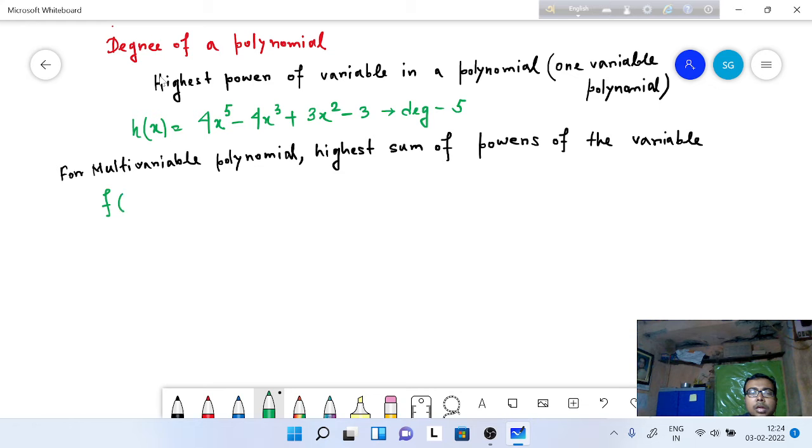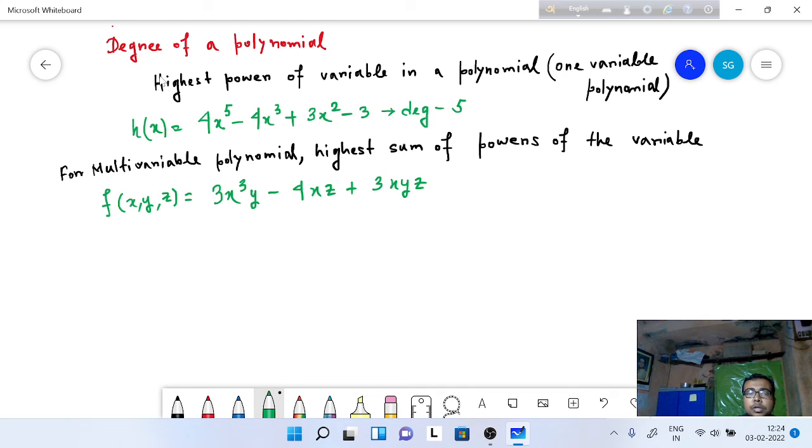See, f of x comma y comma z equals 3 x cube y minus 4 x z plus 3 x y z. Now see, this is a 3 variable function. So for a multivariable polynomial, we take the highest sum of powers of the variables.